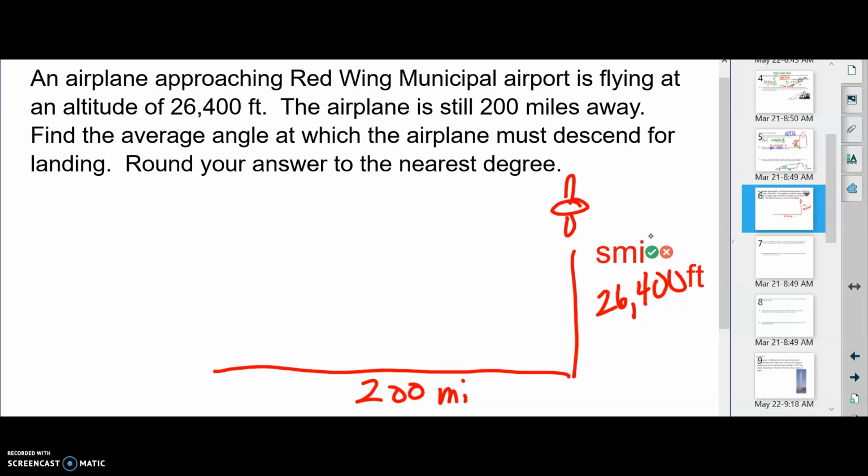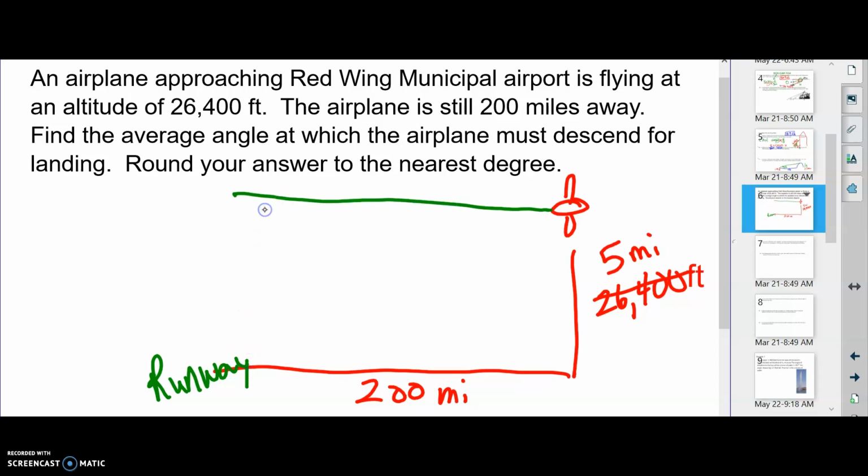We want to know the angle that the plane must descend. So again, we draw the line of sight straight out, and let's say this is where the runway is. Straight out and down. This is what I want to find, that angle right here. Well, that angle isn't inside my triangle.